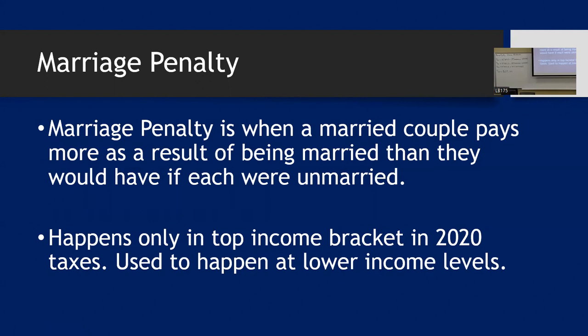Now, in the 2020 tax brackets, the only time this actually happens is at that very top tax bracket. It's in that 37% category. Otherwise, it really doesn't matter, as long as you split it evenly. As long as you split it evenly, it's not going to matter a whole lot. So again, the marriage penalty only happens in that top tax bracket if you do the even splits.